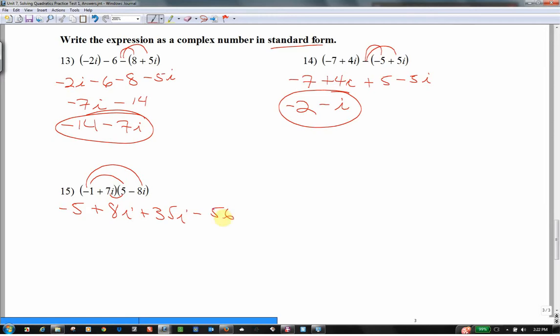Now i squared is a negative 1, so that changes the negative 56 to a plus 56. I have a negative 5 at the front, and I have 8i plus 35i, which is 43i. Now taking the negative 5 and combining it with the 56, I would get 51, because the real number comes first, plus 43i.